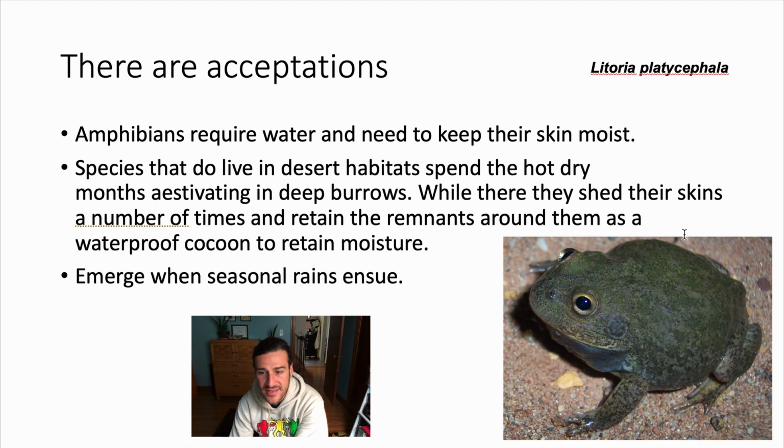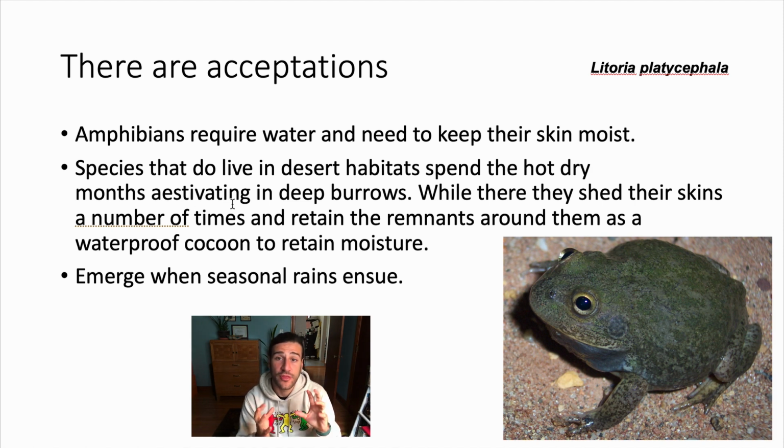So this amphibian actually estivates, which is something I talked about in the beginning. During the hot, dry months, it enters this kind of hibernation, but estivation has more to do with warm temperatures. So they're estivating in these deep burrows, and their skin actually sheds a number of times.